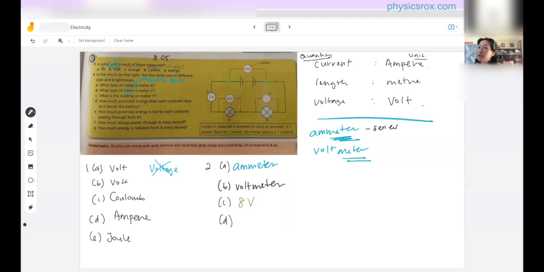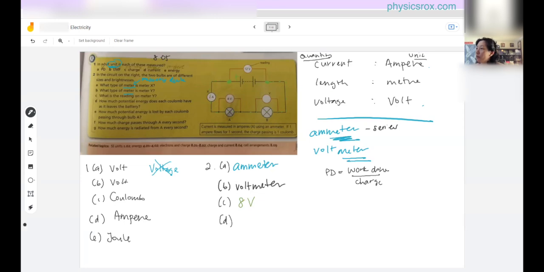And then D, how much potential energy does each coulomb have as it leaves the battery? So this one we use the formula, which your book didn't write properly. I think I gave you the formula. Anyway, the formula basically is PD is work done per charge.